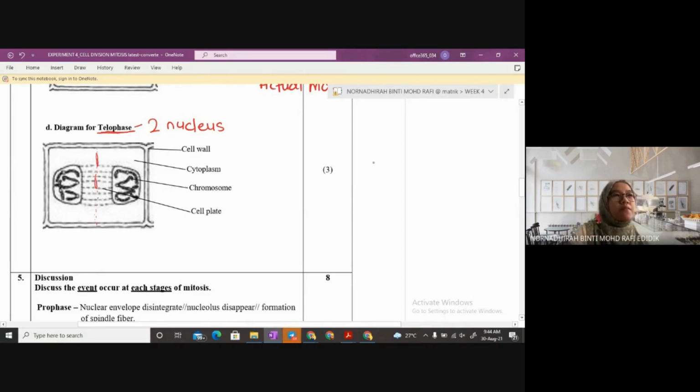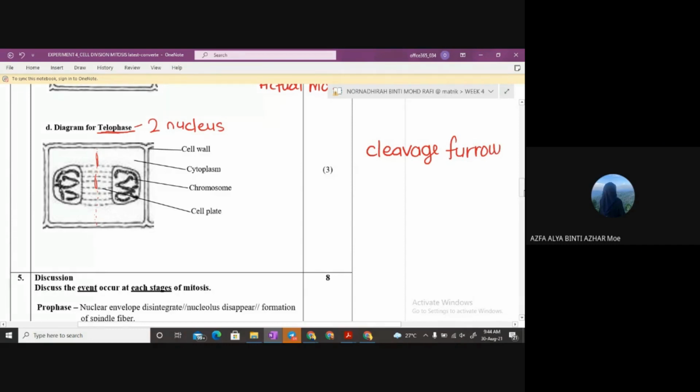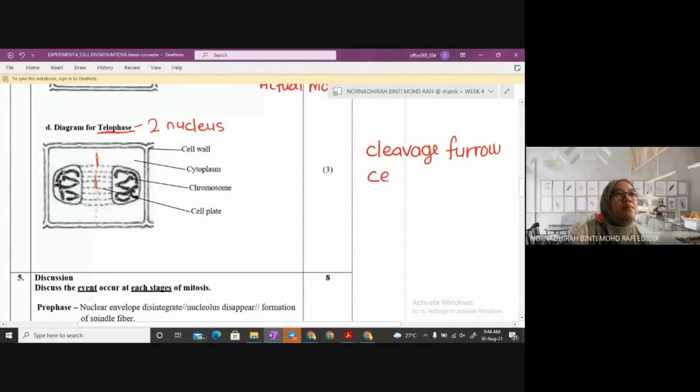Kalau dalam animal cell, it is called cleavage furrow. Cell plate, Miss. Yeah, very good. Cell plate. Betul. Cell plate is in plant cell, cleavage furrow in animal cell. So dua-dua ni adalah cytokinesis.